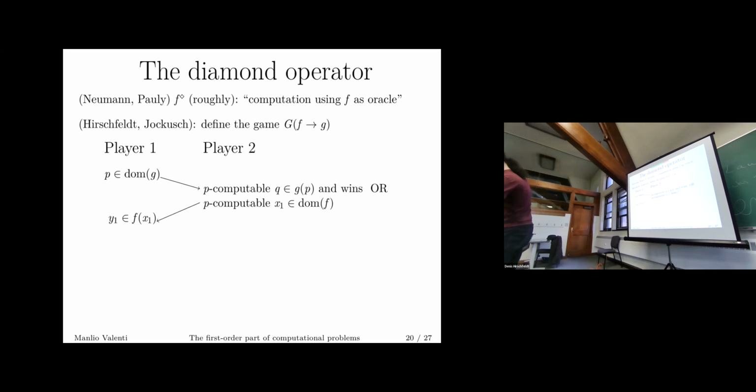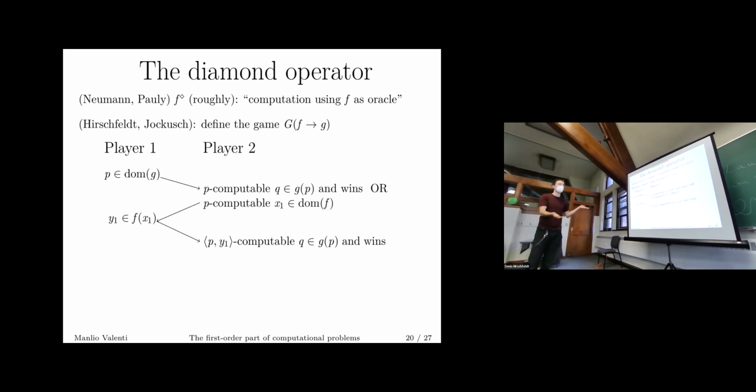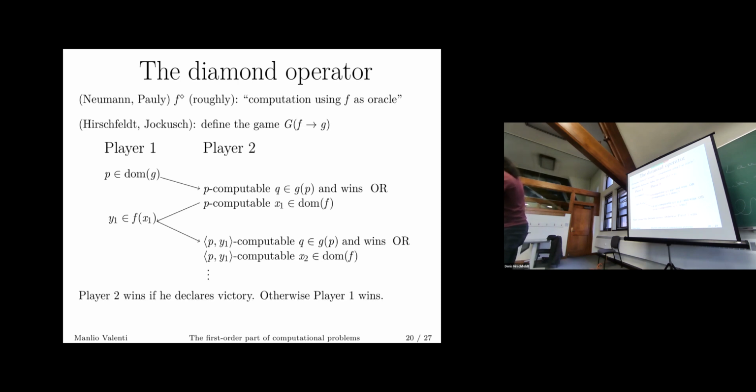Right. So player one plays a solution for F, and then again, player two can either compute now a solution for G and win, or it can play another oracle call, and this goes on forever until player two declares that it can actually compute a solution for G, and therefore wins.